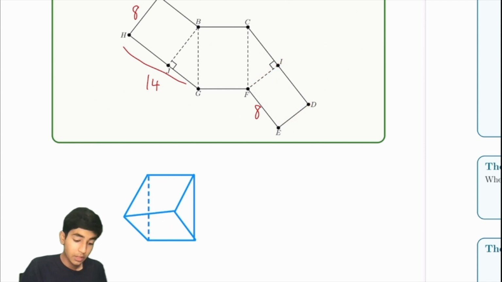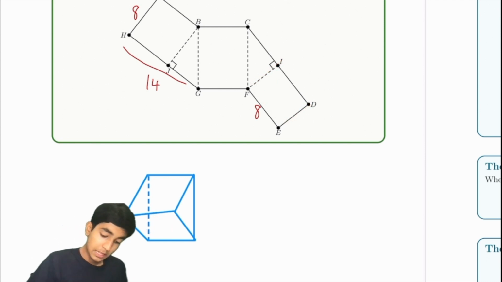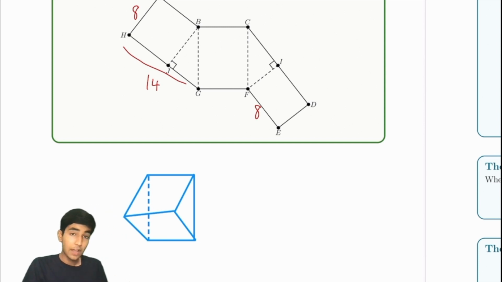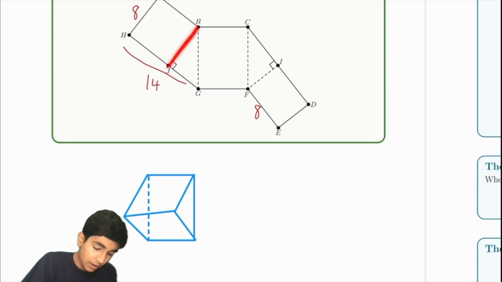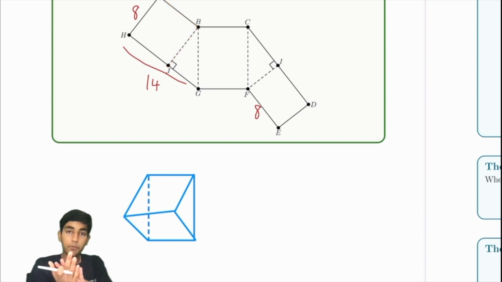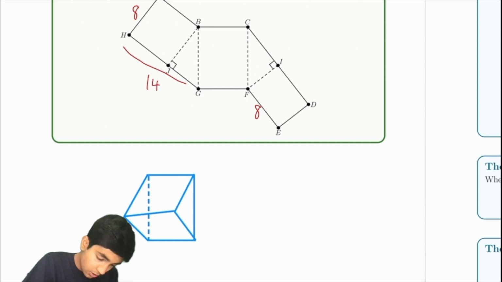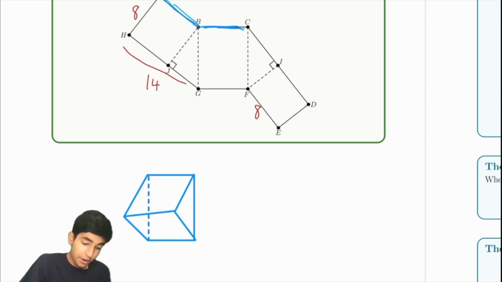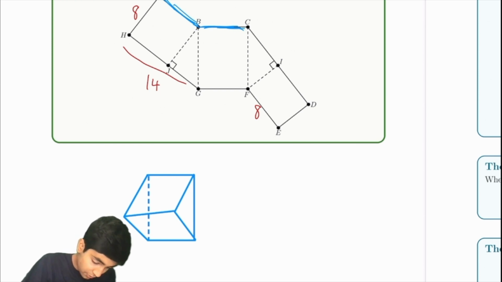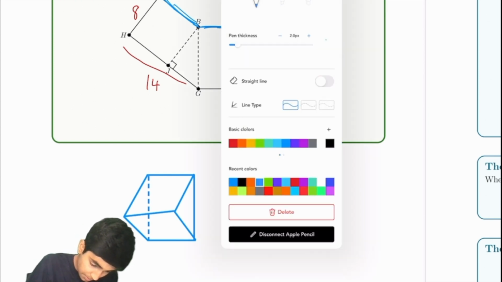And if you imagine it, it's folded on the dotted lines, which means, if you can try and visualize in 3D, if we fold along this dotted line over here, AB will go to BC. These two will join together. These two, let me mark them, will join together, and they'll form this edge over here. Let me mark this.